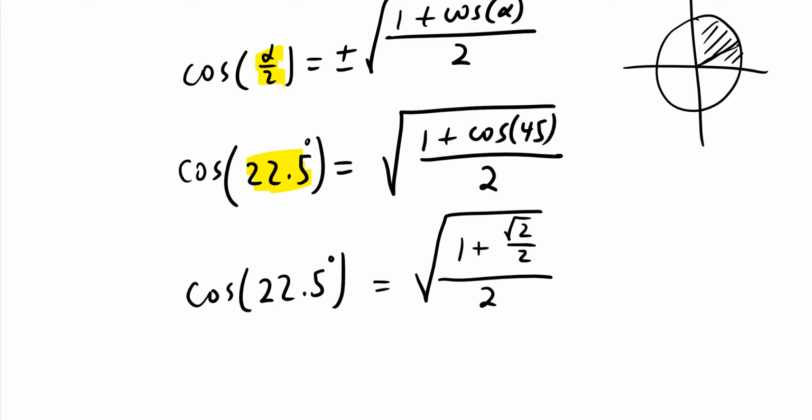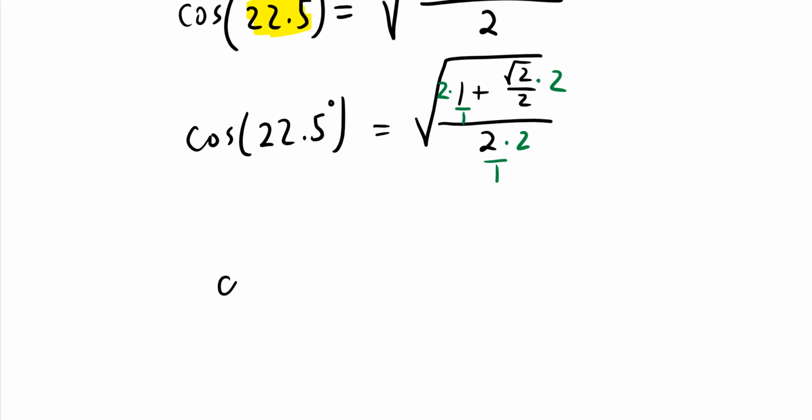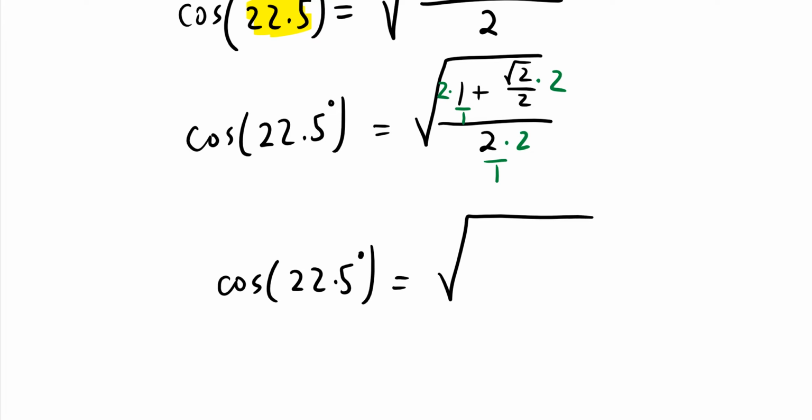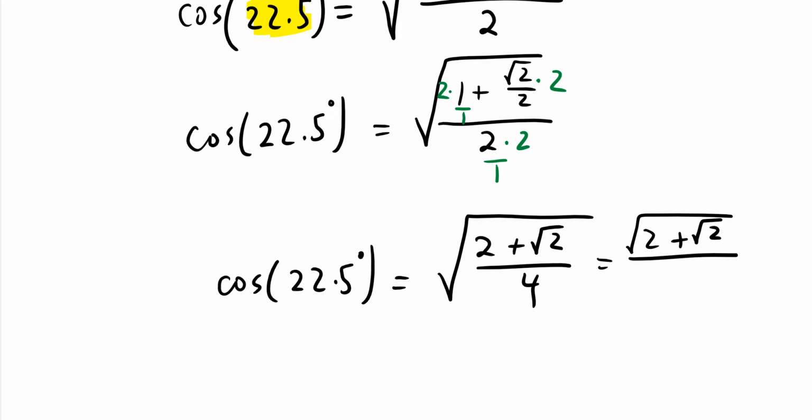Now this is over 1, this is over 1, so we multiply the top of each one by 2. This stays the same. This is 2 plus square root of 2 over 4. This can be written as the square root of the top over the square root of the denominator, which is 2. That gives me what I need. No need for a calculator. You just stop there. That's the answer.